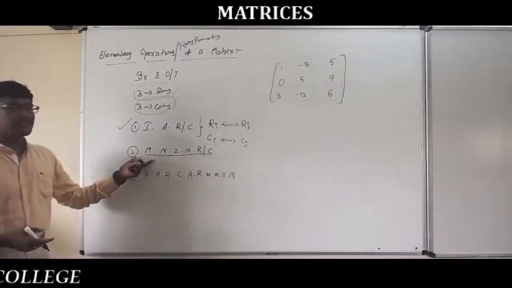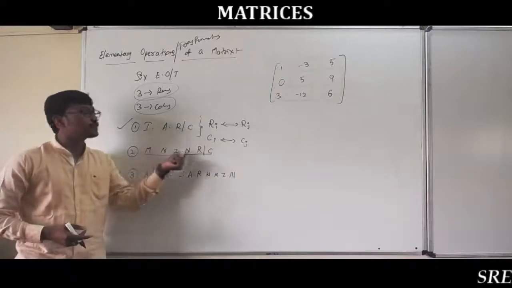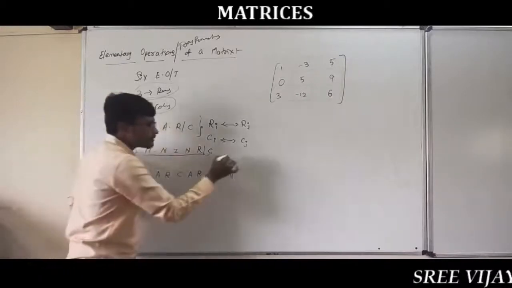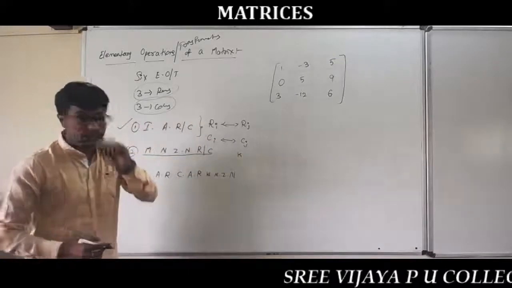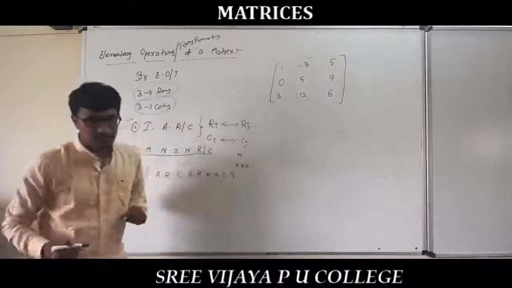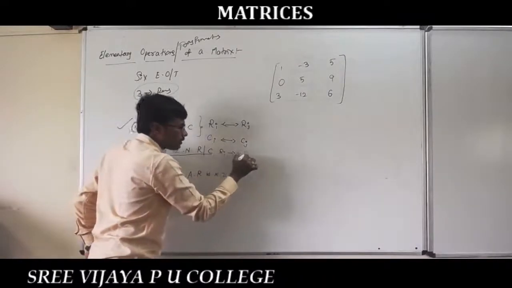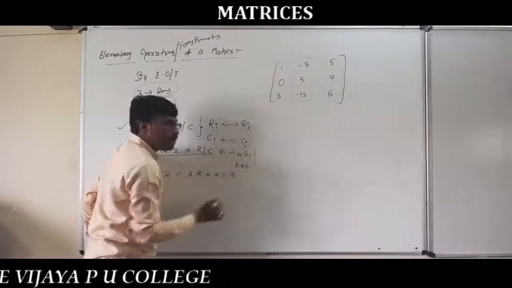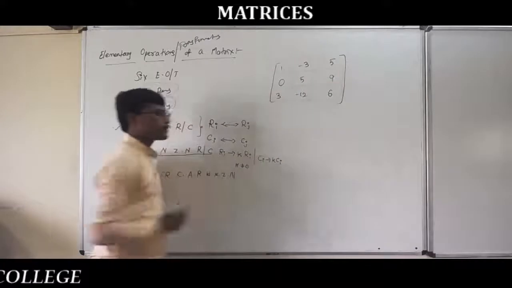Now we are discussing the second elementary operation, multiplication by a non-zero number. Let k be a non-zero number, so you cannot take k as 0. You can multiply any row or any column by a non-zero number.